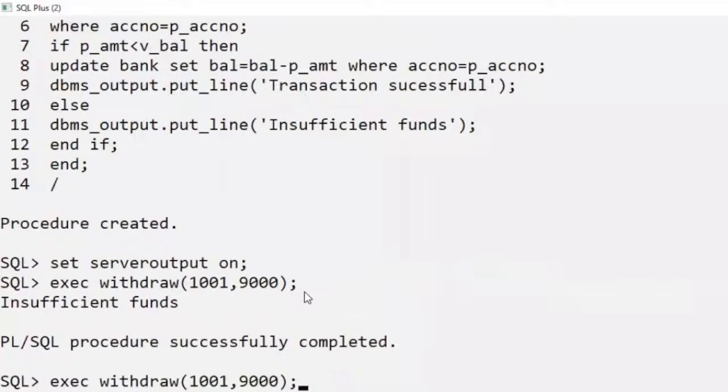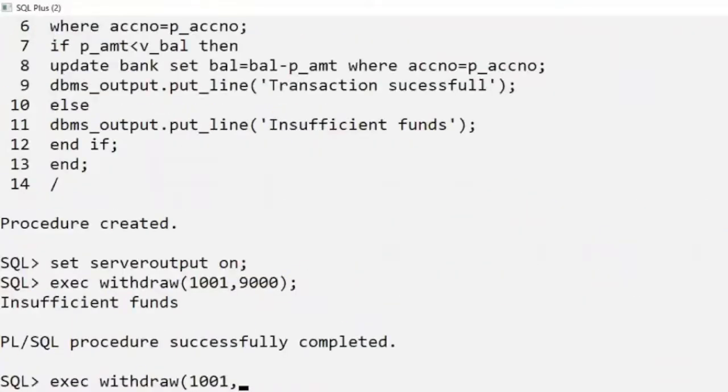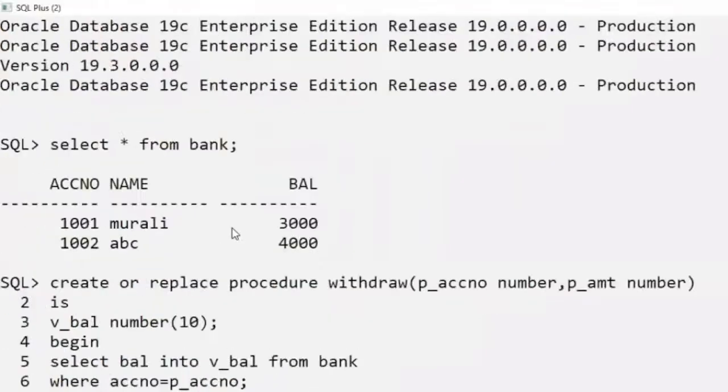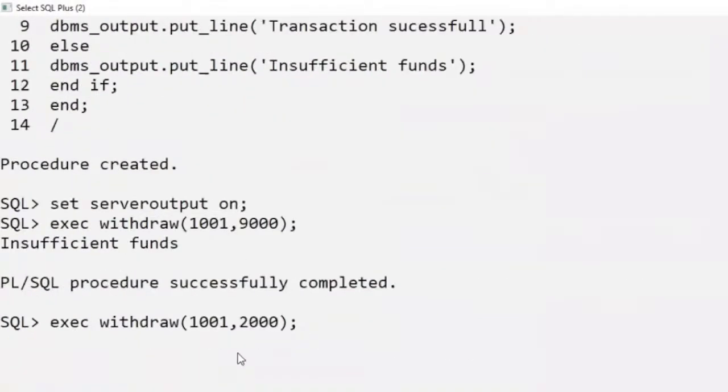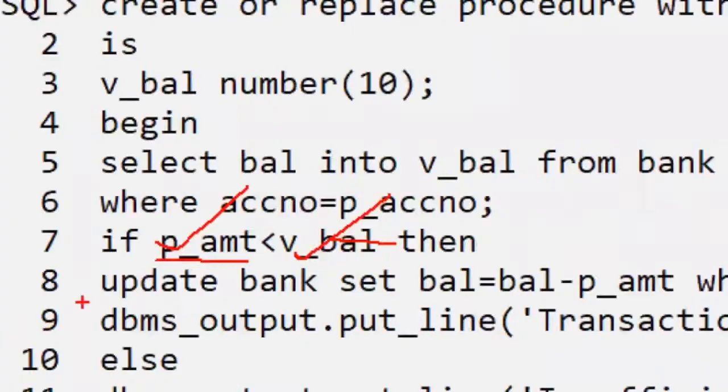Now 1001 is my account number. I try to execute withdraw again, so now the procedure: I try to withdraw 2,000 rupees. Possible? Possible. Why? Because my balance is 3,000, but I try to withdraw only 2,000. So whenever your passed amount, 2,000, is less than the available balance, in this case 3,000, I am updating the bank table.